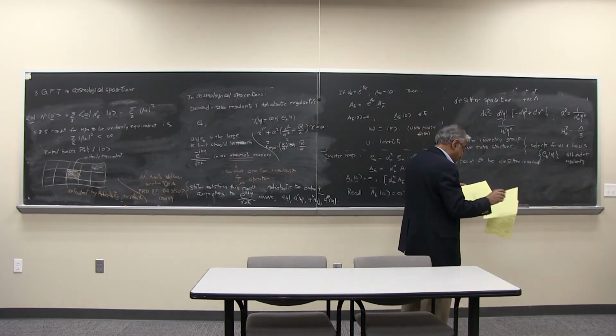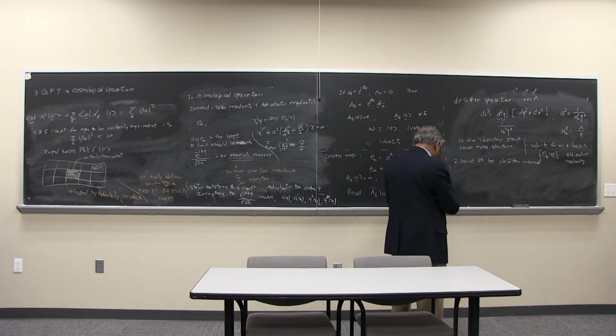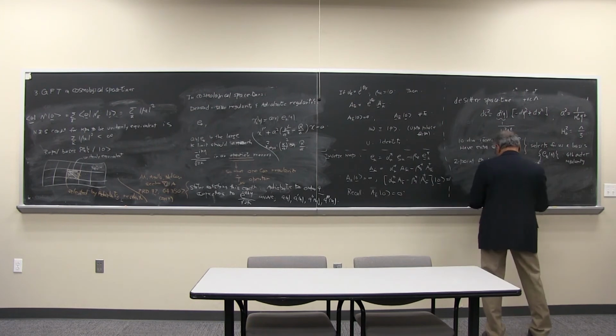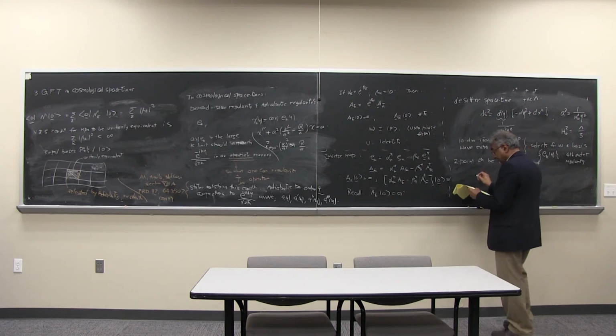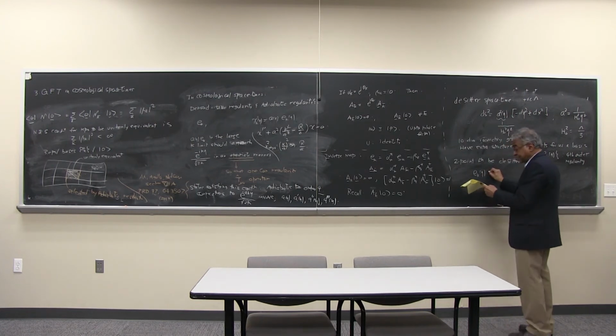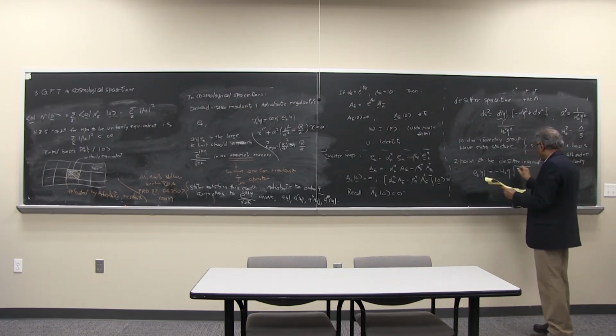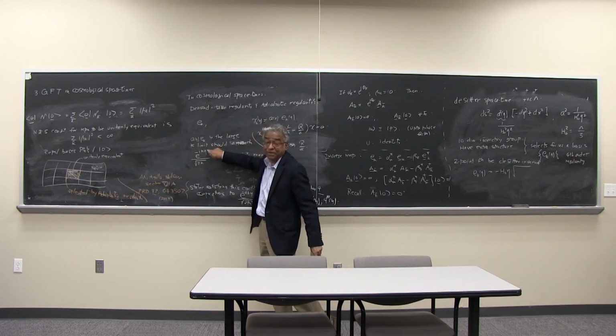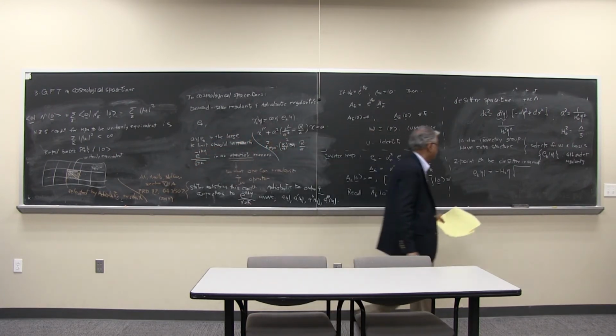The basis vectors in this case, for the de Sitter case, are just given by e_k of eta, and this is just given a minus H naught times eta. We can write down the basis vector explicitly, just like what we did in Minkowski space, which are compared with the Poincare invariance.